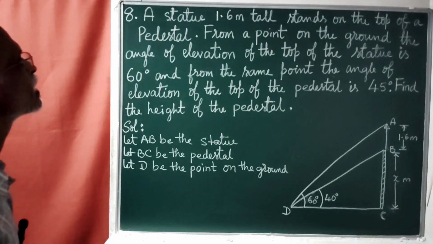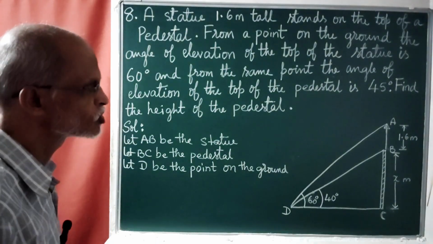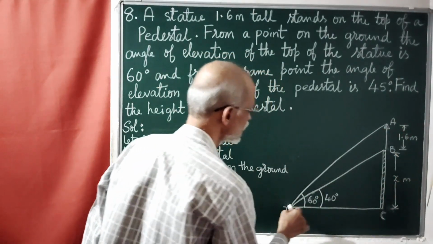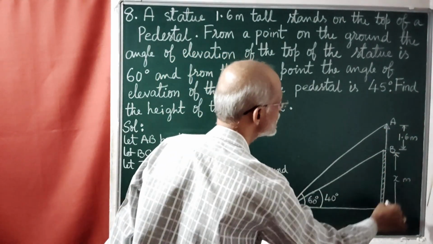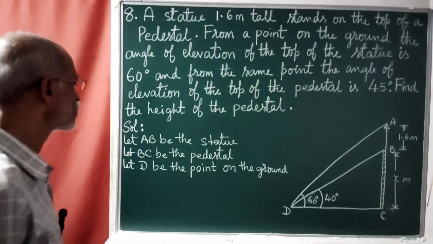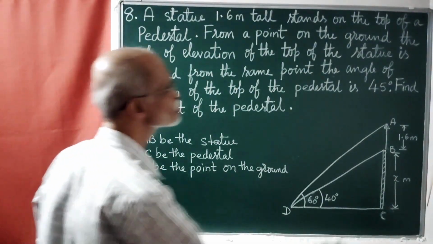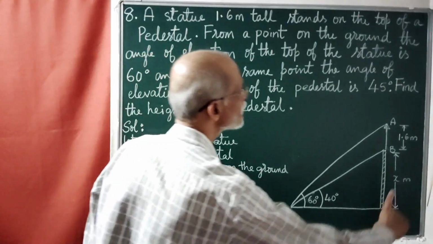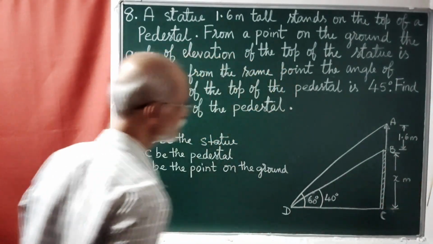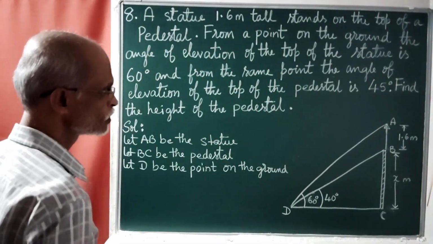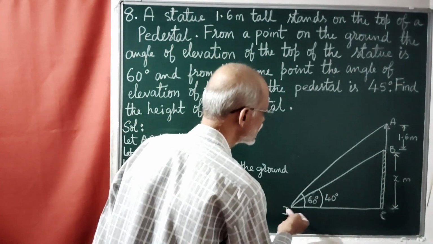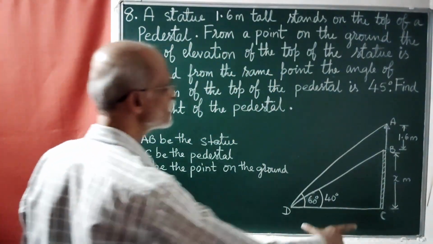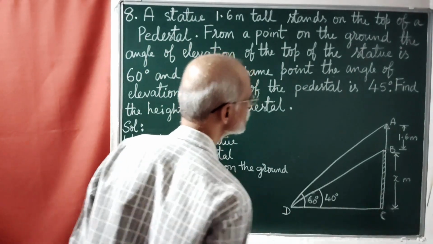Now there are two triangles here, a small one and a big one. The big one is ACD and the small one is BCD. First we will take the small triangle. In the small triangle we will try to find how much is DC.